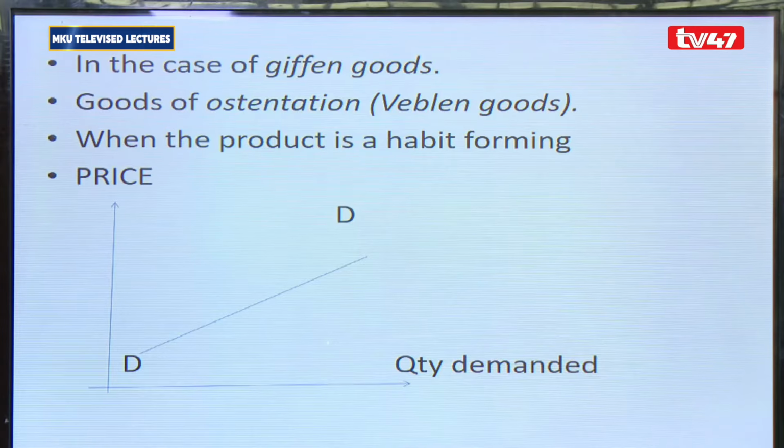Supposing the price goes down and everybody now can afford. When everybody can afford, they no longer give the satisfaction that they were giving. And therefore, when the price goes down, the demand goes down. When the price goes up, so that it can kick out all other people, that is what gives them the satisfaction. So they buy more of those goods. Goods of ostentation, or Veblen goods, are also called goods bought for snobbish appeal, for show off.